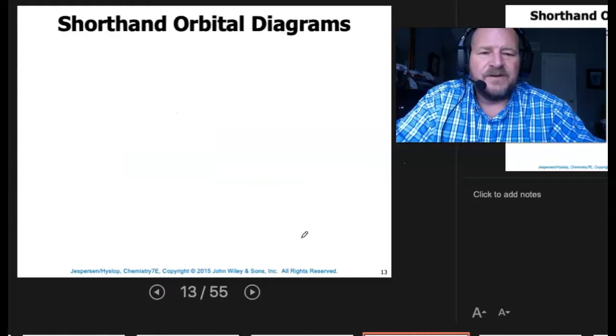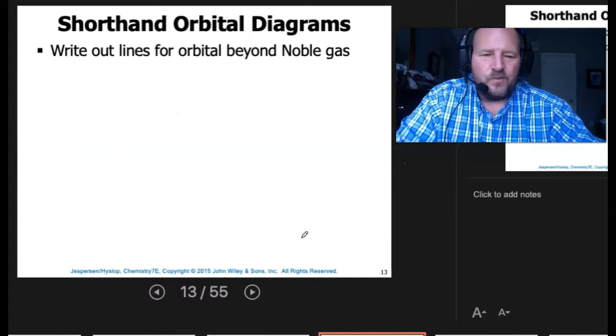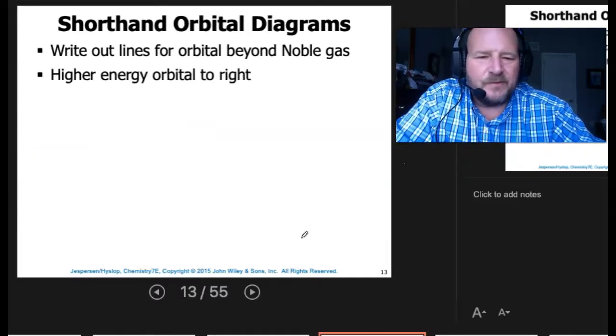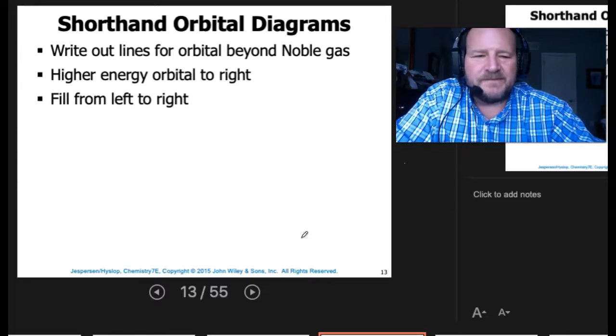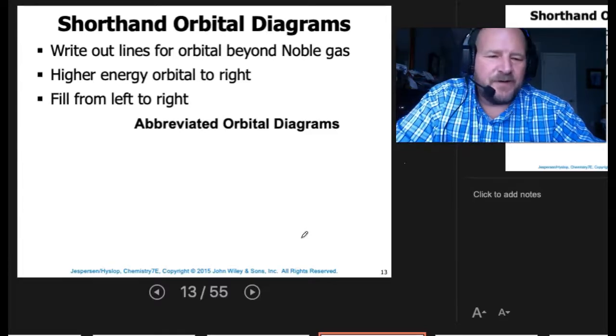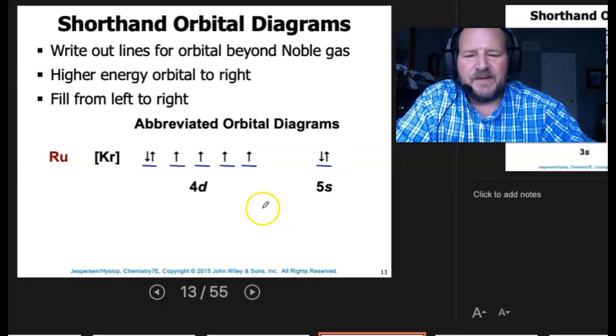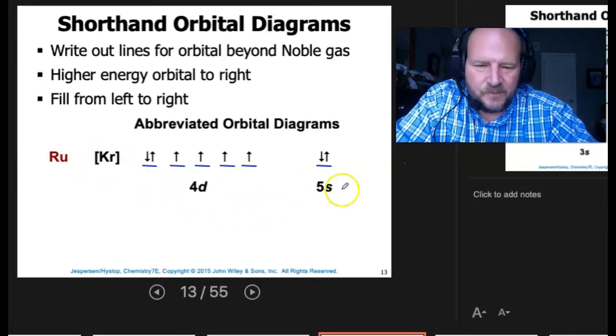All right, next we're going to look at a shorthand for orbital diagrams. We can write out lines for the orbitals beyond the noble gas, with higher energy orbitals to the right, and we fill from left to right. For ruthenium, we say Kr and then just the 4d, 5s.